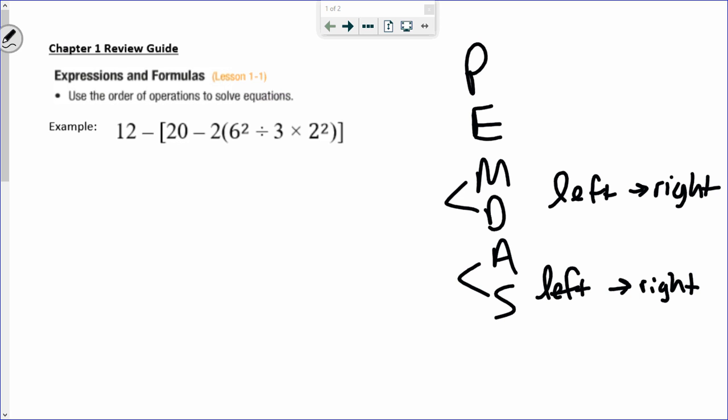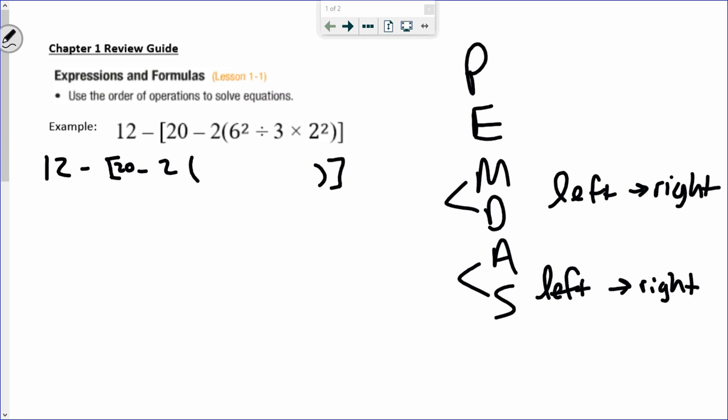The grouping symbols I'm seeing are these brackets, which inside include parentheses. So inside of these parentheses, what order of operations do I see? I see exponents first.